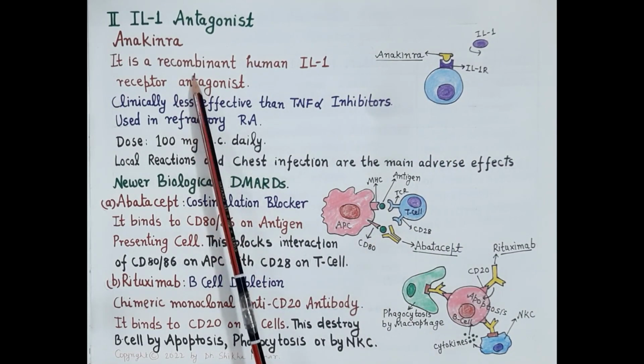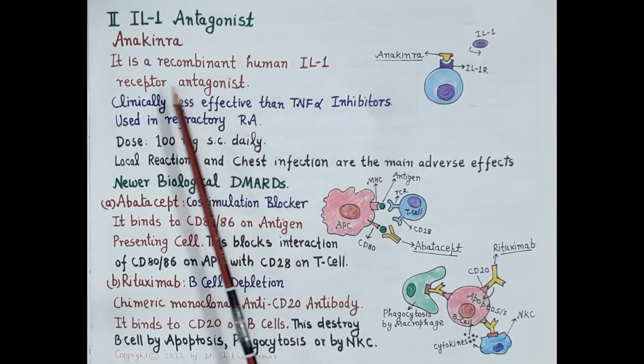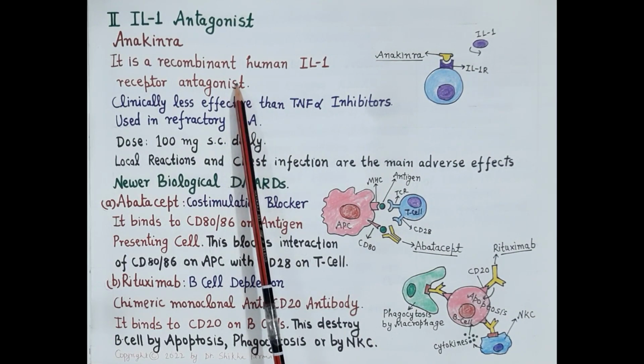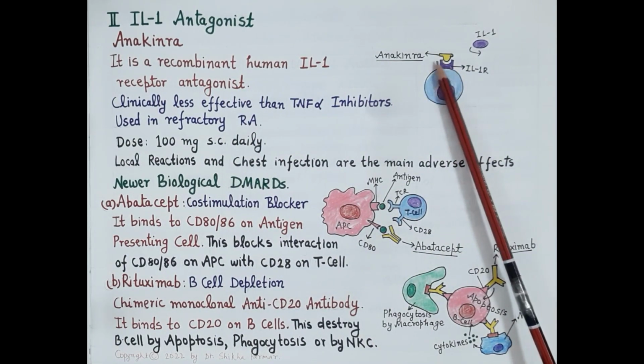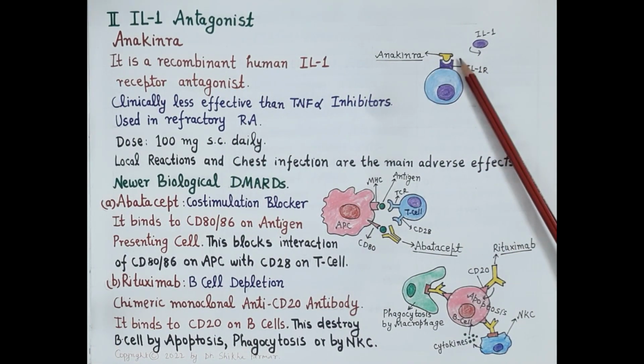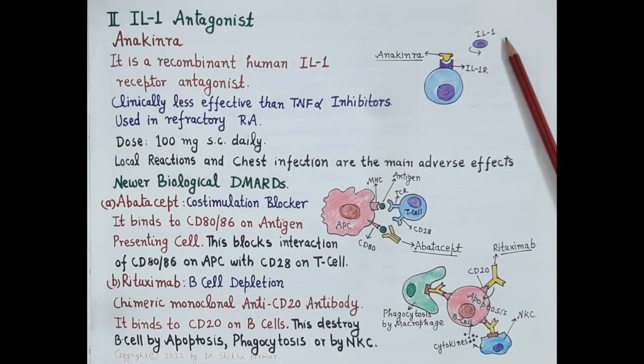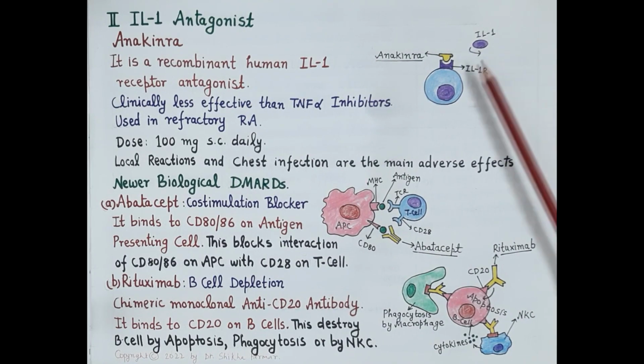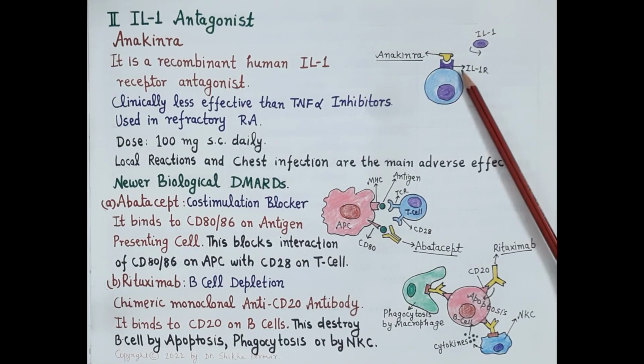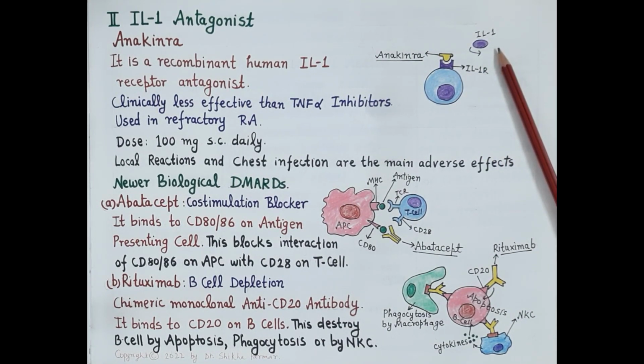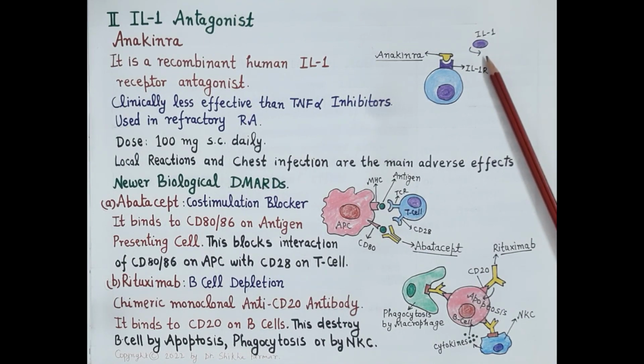Anakinra is a recombinant human interleukin-1 receptor antagonist. Anakinra prevents binding of the inflammatory cytokine, that is interleukin-1, to interleukin-1 receptors. So, this blocks the action of interleukin-1, and this is how it produces anti-rheumatic effect.